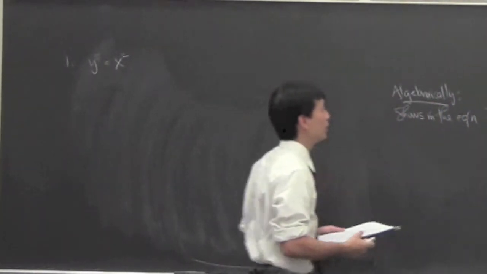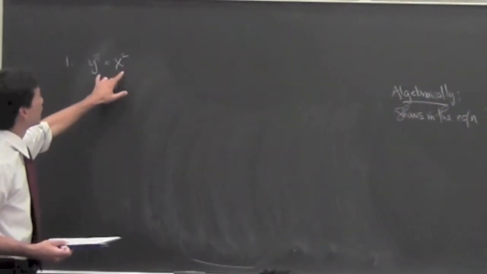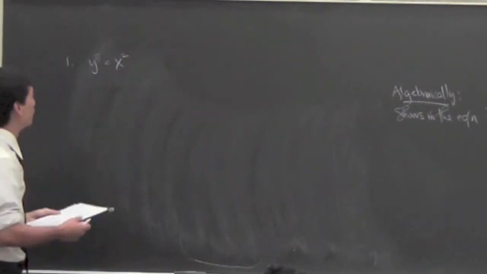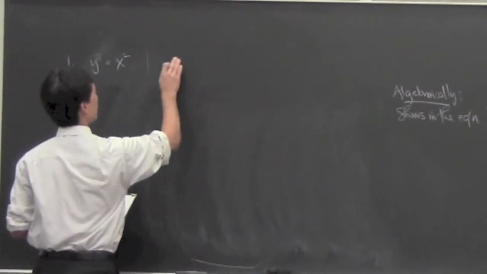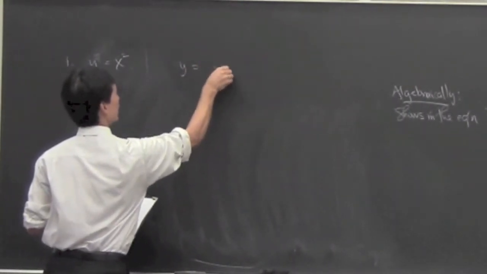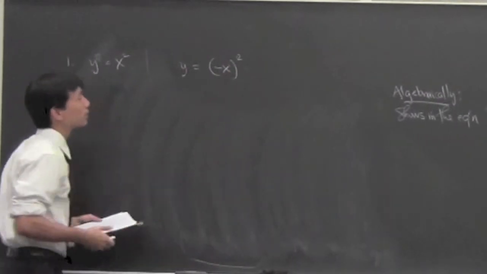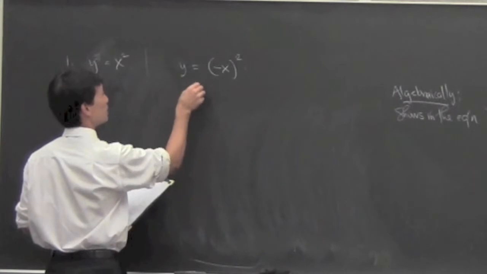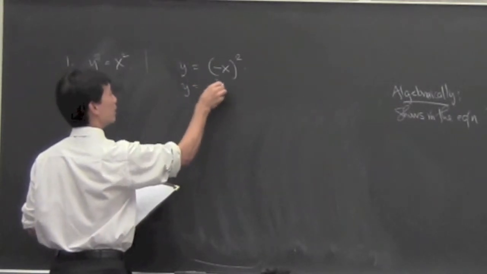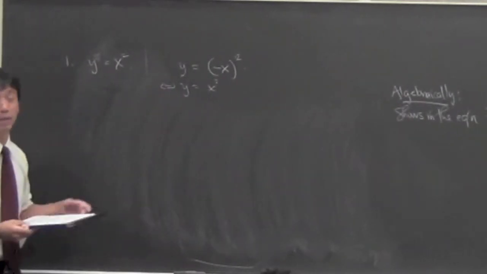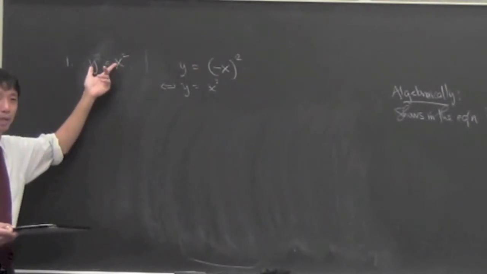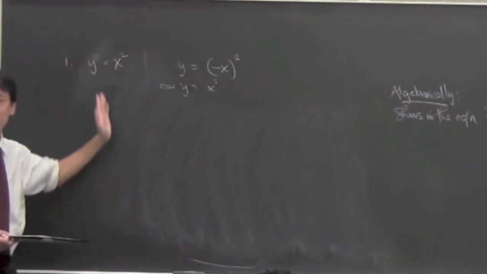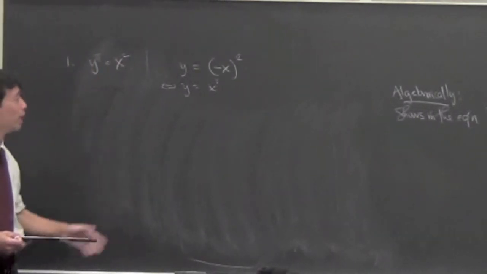If I replace x by negative x in this equation, does the equation change? And the answer is no. If I take negative x instead of x, I basically get the same equation, because negative x squared is the same as x squared. So immediately you look at it and you say, okay, it's symmetric about the y-axis.